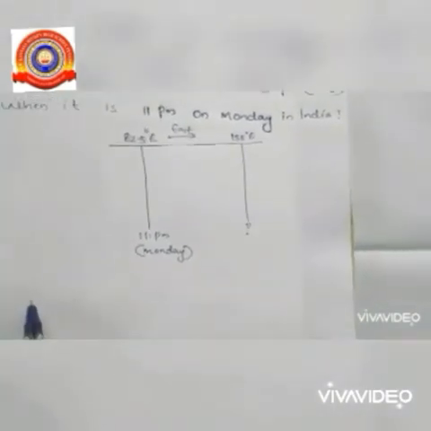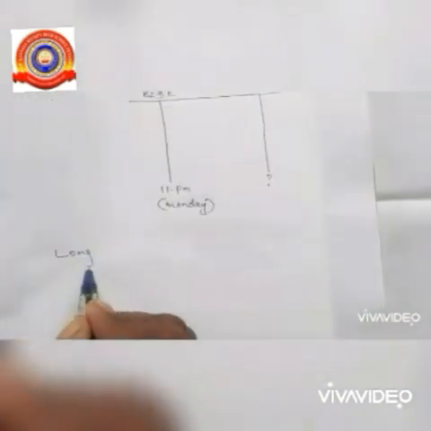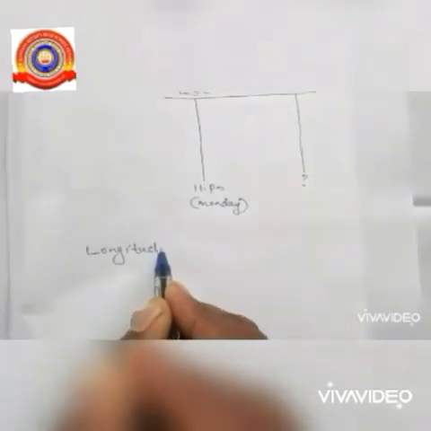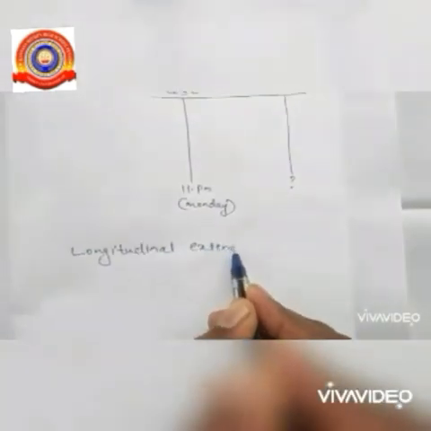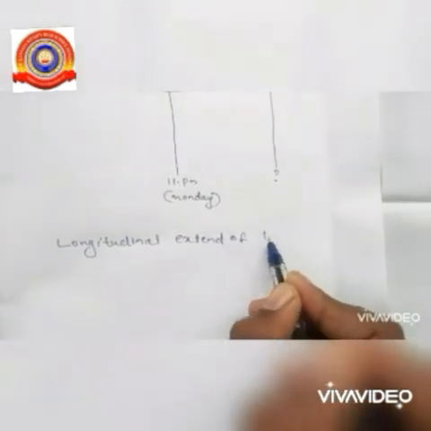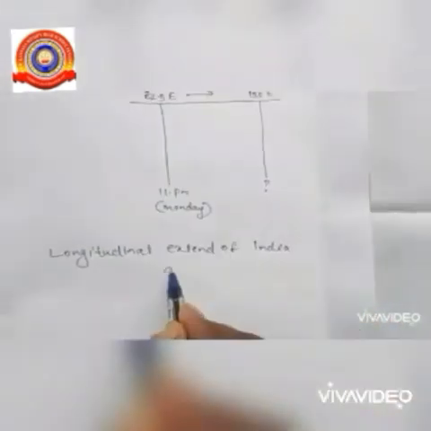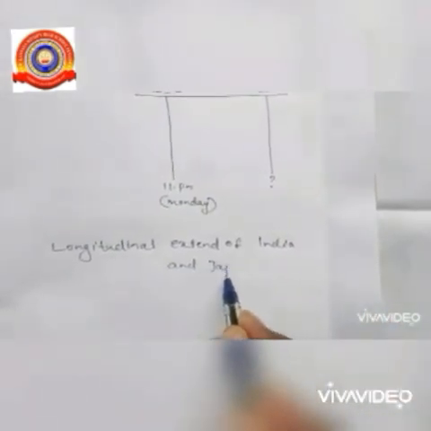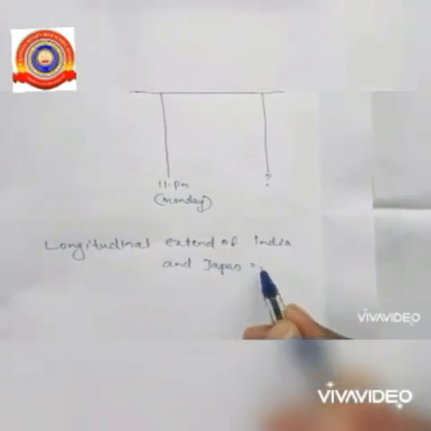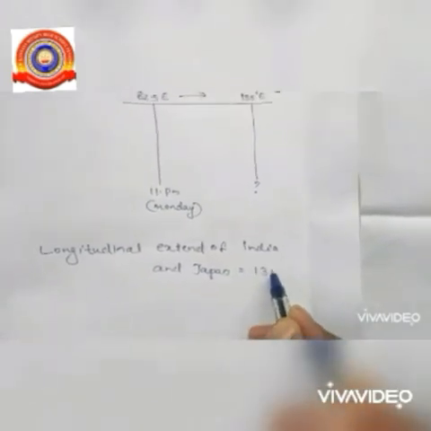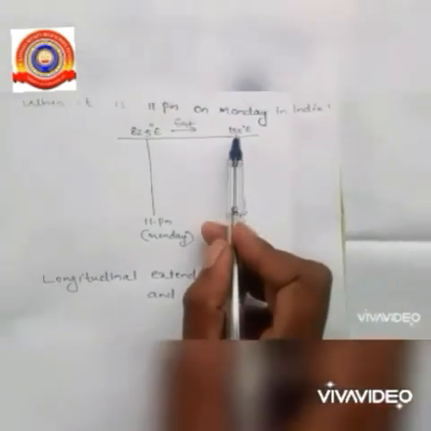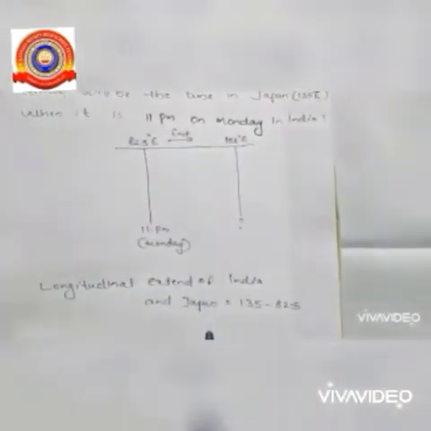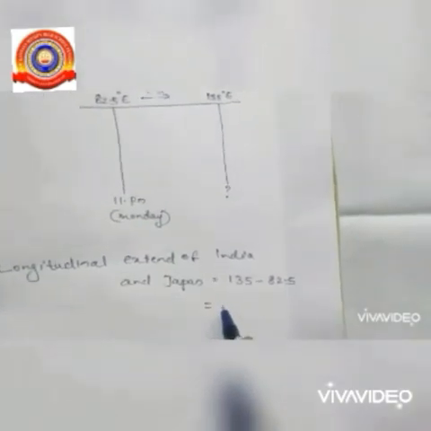Then we will write the longitudinal extent of Japan from India. For that, we have to subtract India's standard meridian from Japan's standard meridian. Then we get 52.5.